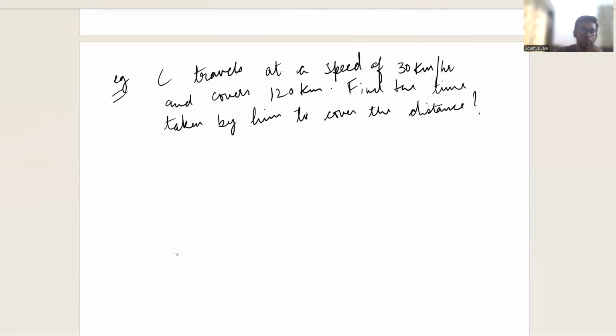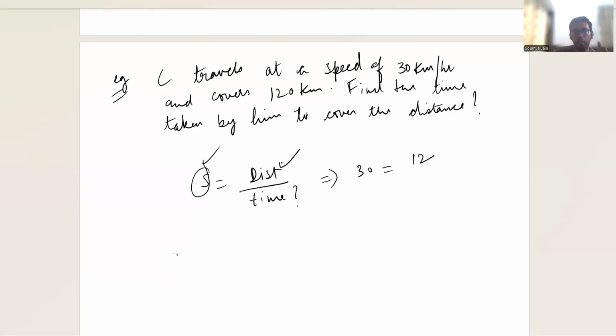So in this question, again using the formula, speed is equal to distance by time. What is given to us is the distance that C travels, 120 kilometers, and the time taken by the person is not given. We have to find it out. Speed is given. So putting in the values, 30 kilometers per hour is equal to 120 by, let's say, time is t.